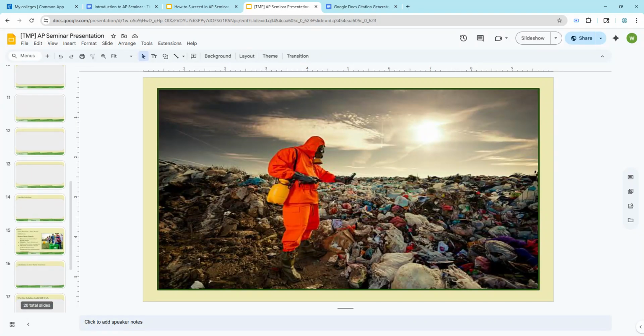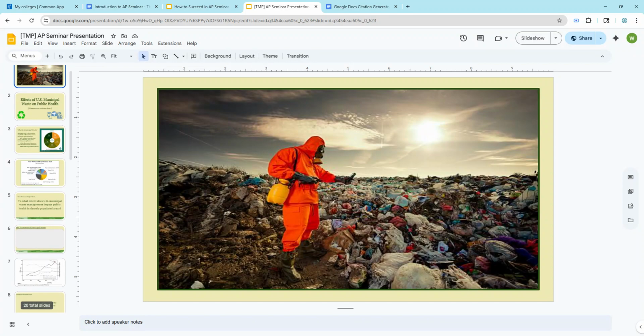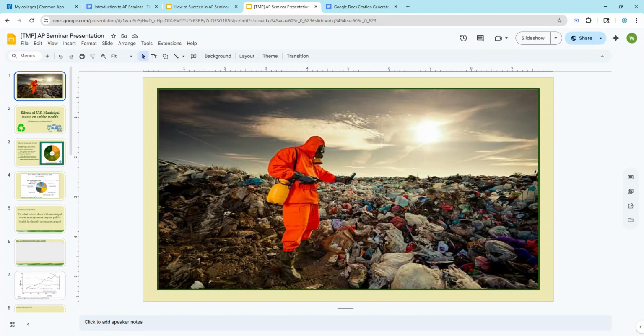So I have 20 slides, but if needed, maybe you need 25, 30 slides, right? So that number of slides never mattered in real life. What matters is the content on every slide, it needs to be relevant and it should not compete with you, right? You don't want too much on one slide at all. So if you need to spread out the number of slides, 100% do so.